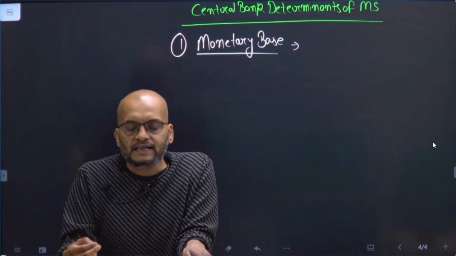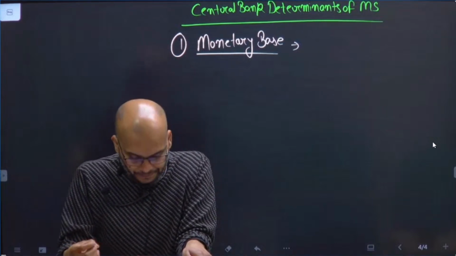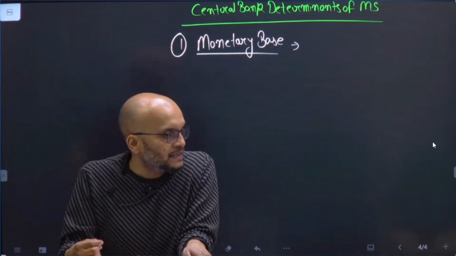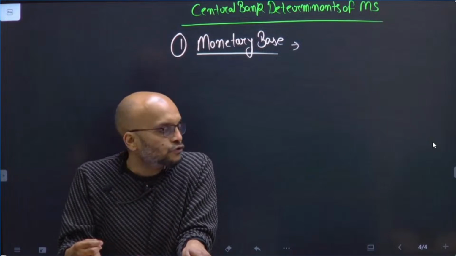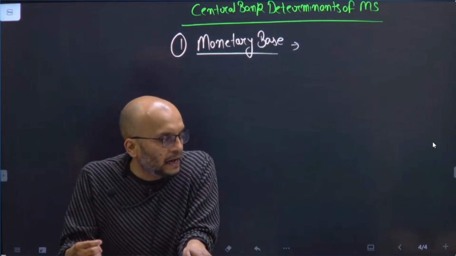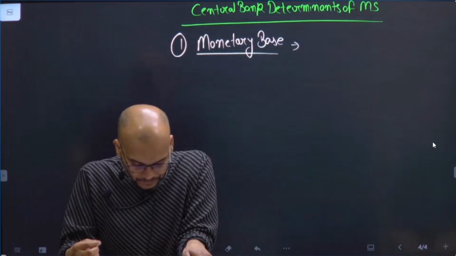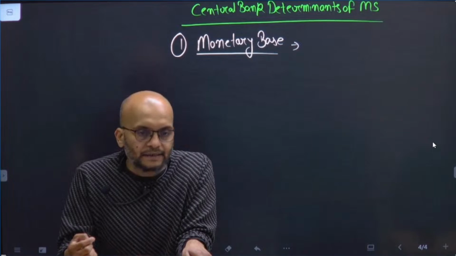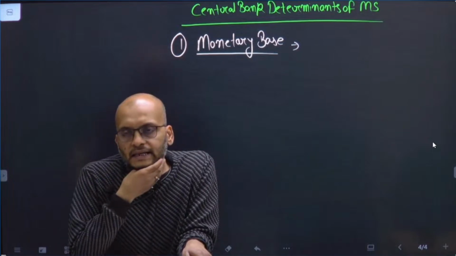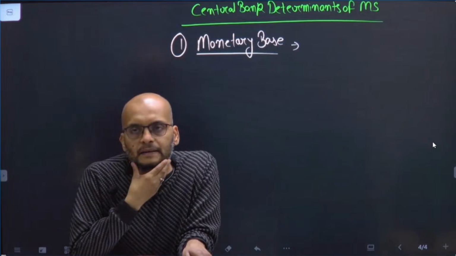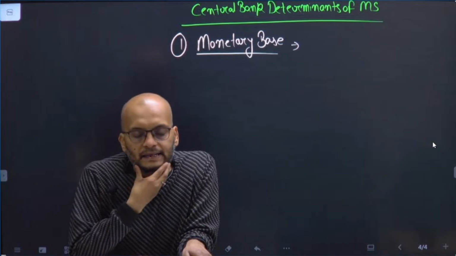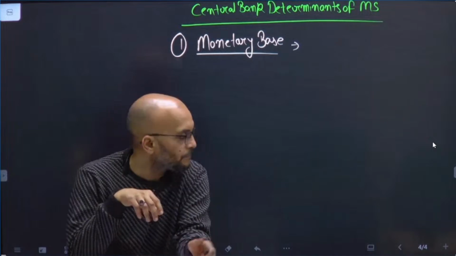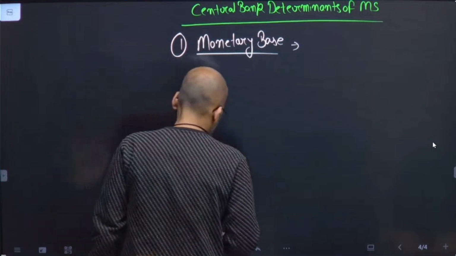An increase in monetary base leads to increase in money supply, and decrease in monetary base decreases money supply. So what am I saying?